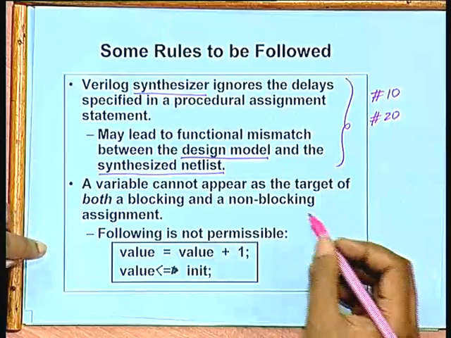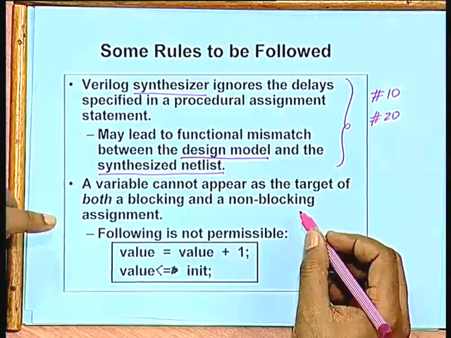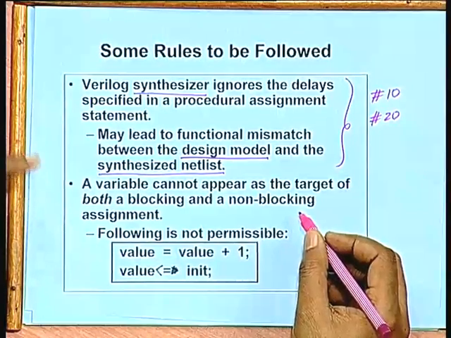So we can use delays in the always block, but they will be used only for simulation purpose. So always block is a synthesizable block, and delays we can't synthesize. So as soon as you include delays, unless the synthesizer ignores the delays, the always block will not be synthesizable.